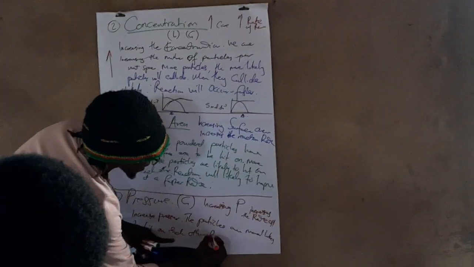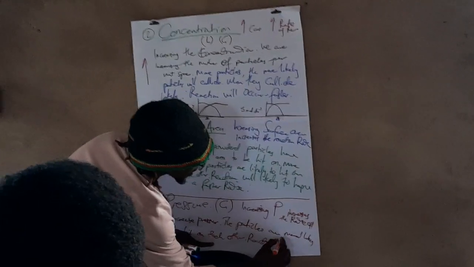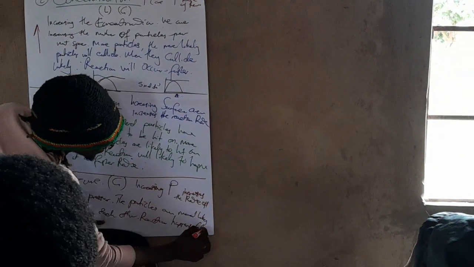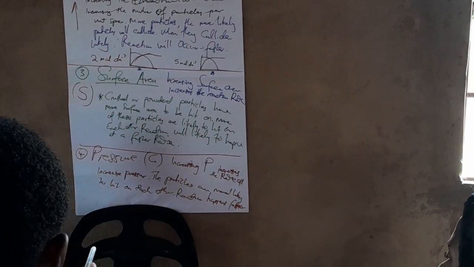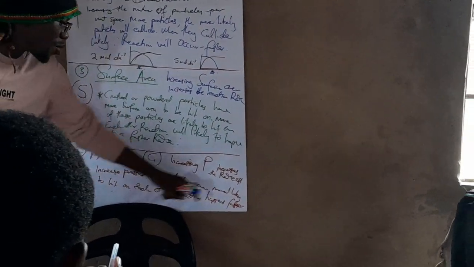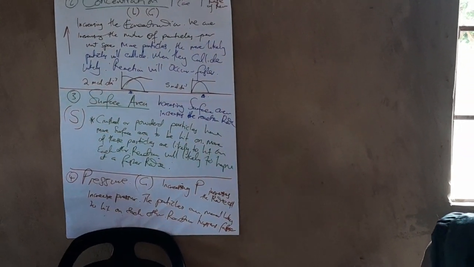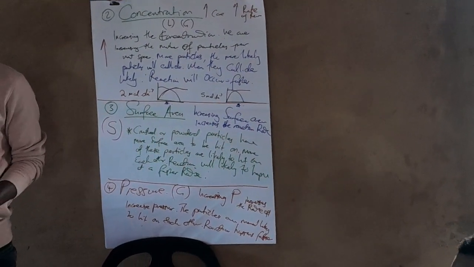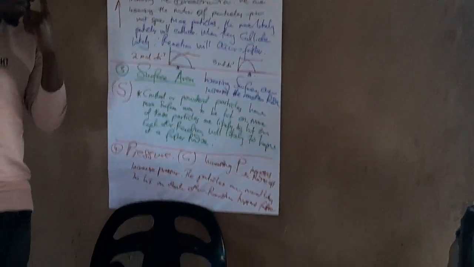So it means that the reaction happens faster. And when the particles are more likely to hit on each other, right? Because there is a small space. And when that happens, reaction happens faster.